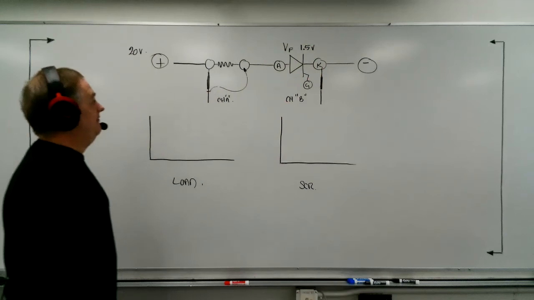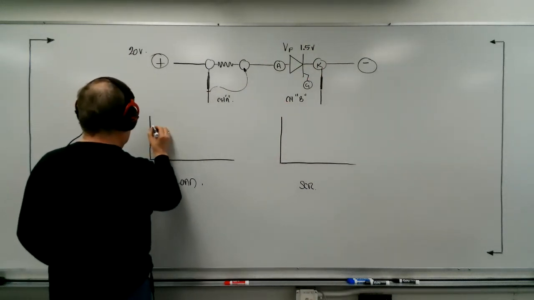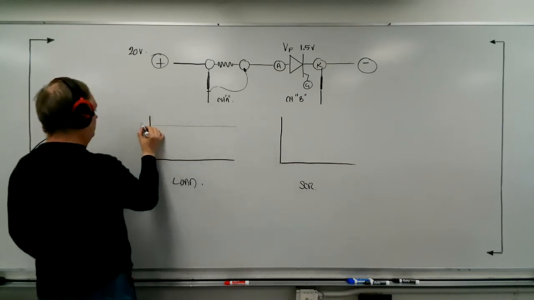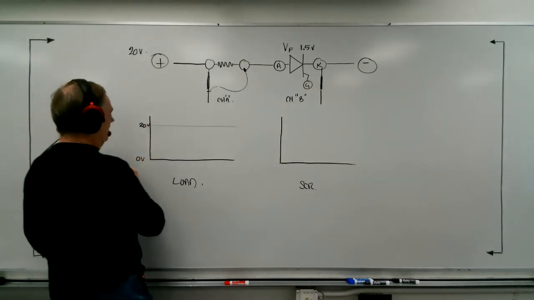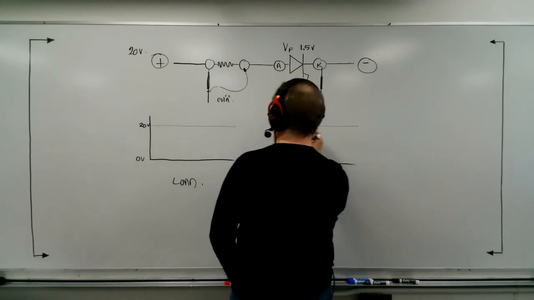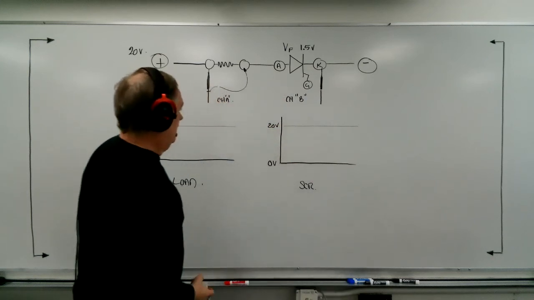Then I'm going to show a line here. This represents 20 volts, and 0 volts down here. And this represents 20 volts and 0 volts down here.